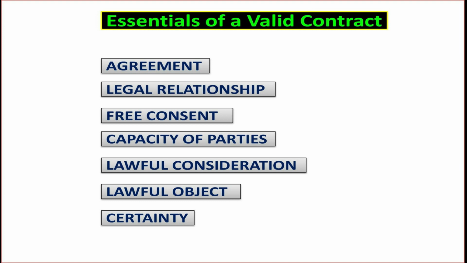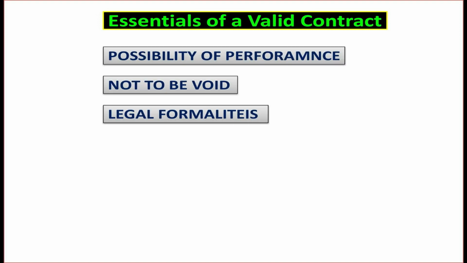The essentials of a valid contract are: number 1, the agreement; number 2, legal relationship; number 3, free consent; number 4, capacity of parties; number 5, lawful consideration; number 6, lawful object; number 7, certainty; number 8, possibility of performance; number 9, not to be void; and number 10, legal formalities.